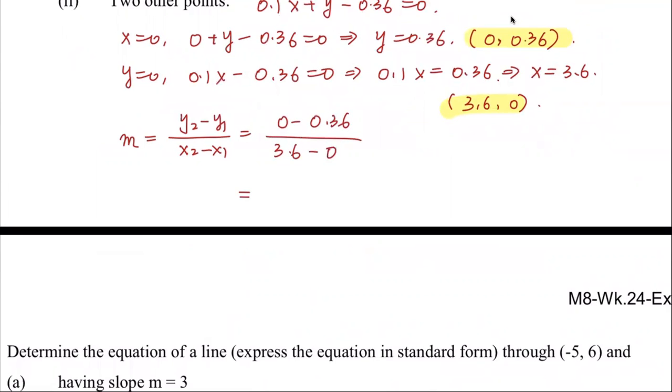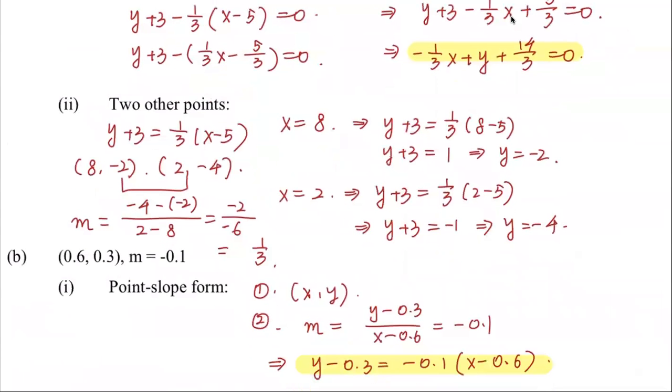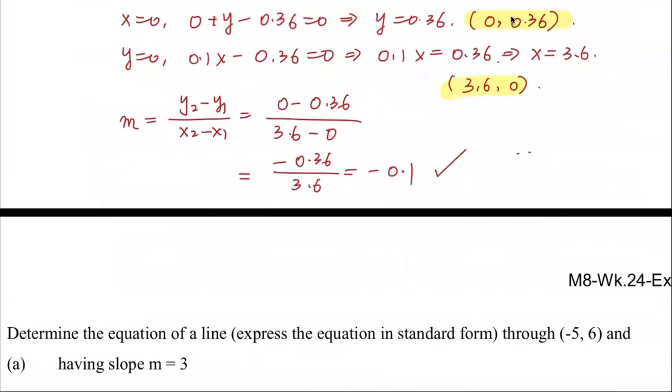So this is equal to minus 0.36 over positive 3.6. This is equal to minus 0.1. And minus 0.1 is equal to the minus 0.1 over here. And this proves that our solution is correct.